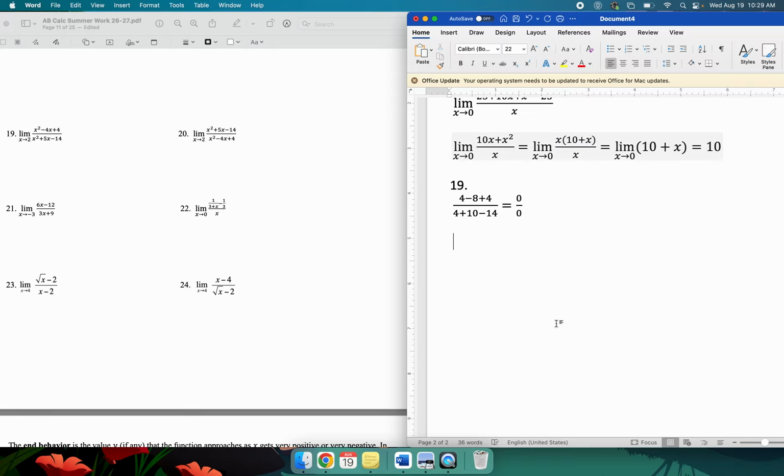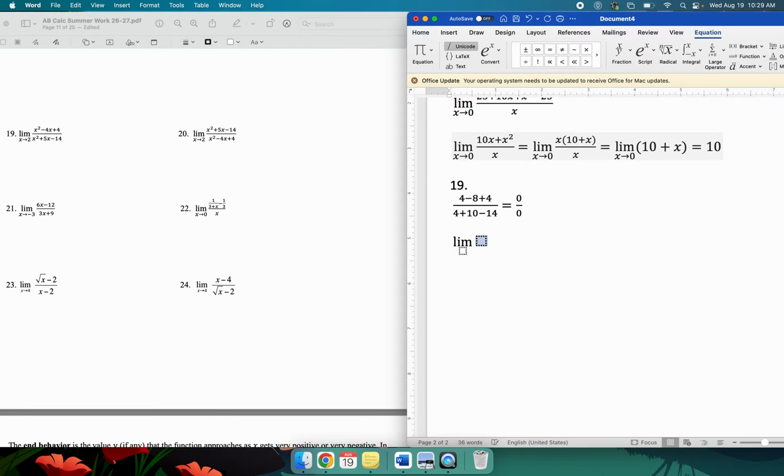I'm going to simplify by factoring and canceling common factors. So the top factors as x minus 2 times x minus 2, and the bottom factors as x plus 7 times x minus 2.